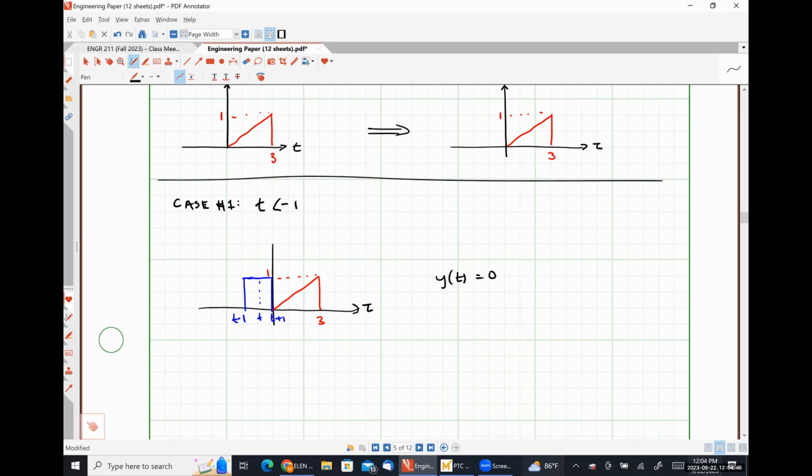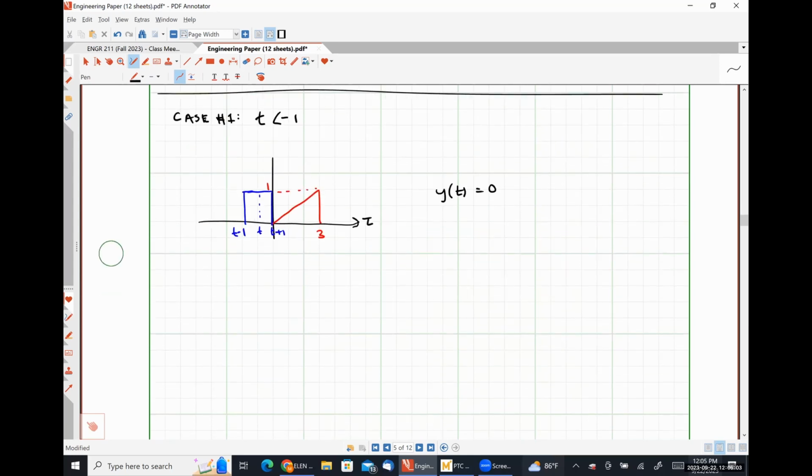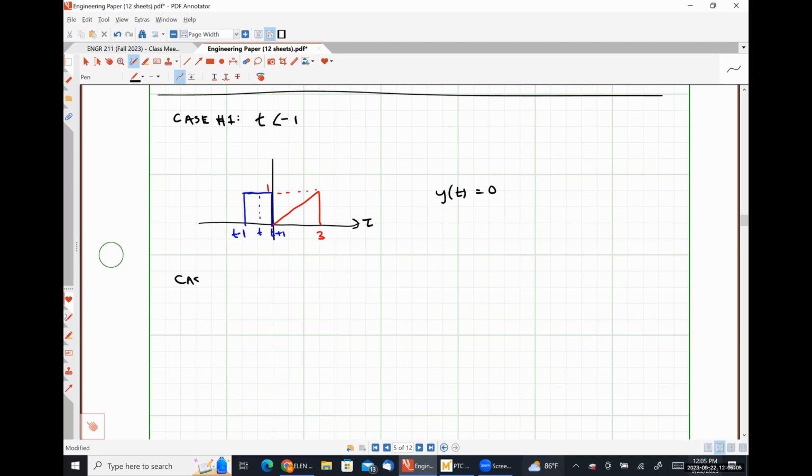When t is +1, which would be about right here, there's complete overlap between these two things. So there's something happening before these two functions completely overlap, for -1 less than t less than +1.